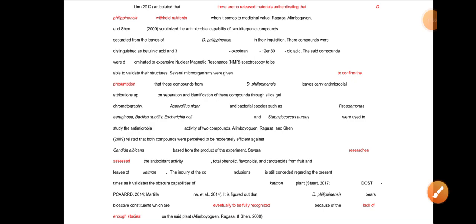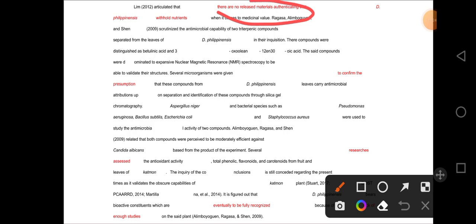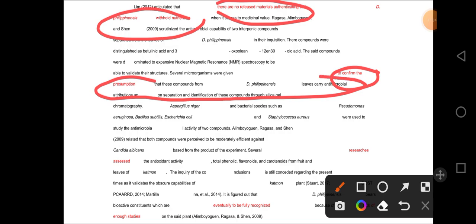Okay, and last but not the least, we have this example. Lim 2012 articulated that there are no released materials authenticating that the Linia philippinensis withhold nutrients. To confirm the presumption that these compounds were D. califilensis leaves carry antimicrobial attributions, we use chromatography.